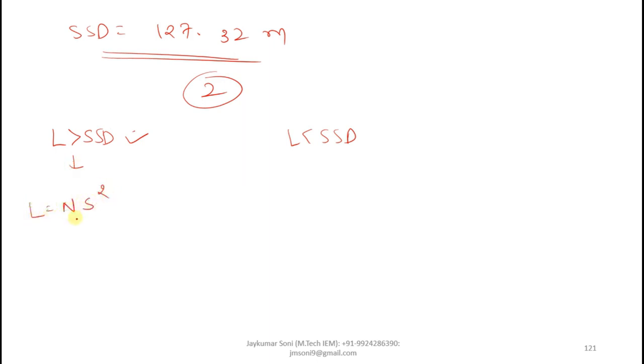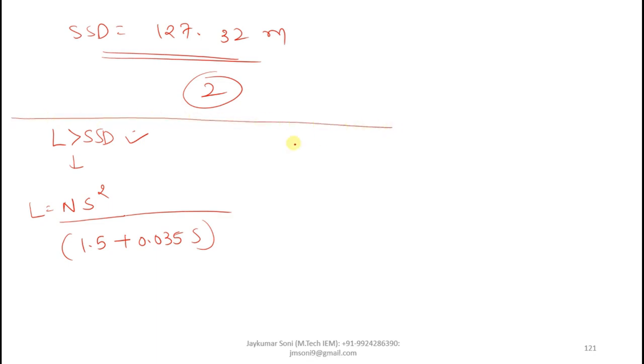For this, the equation is N S square divided by 1.5 plus 0.035 S. This is the value of N. You need to ignore the minus sign, as I have told earlier.